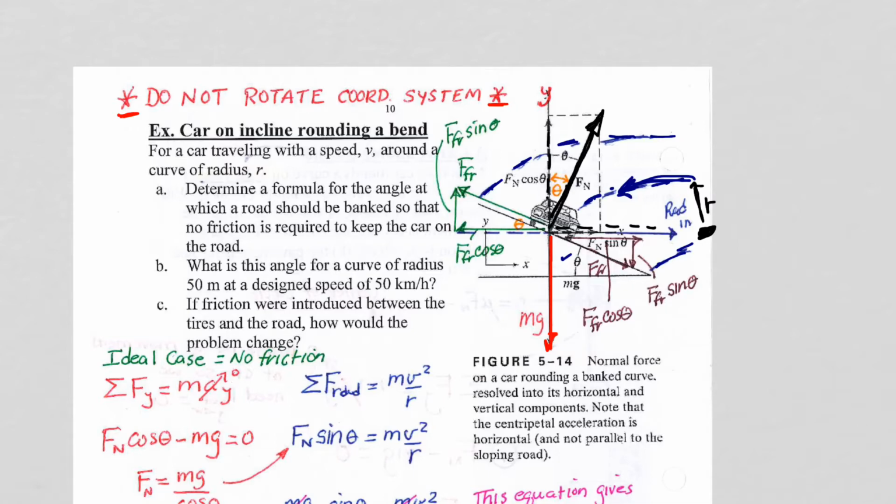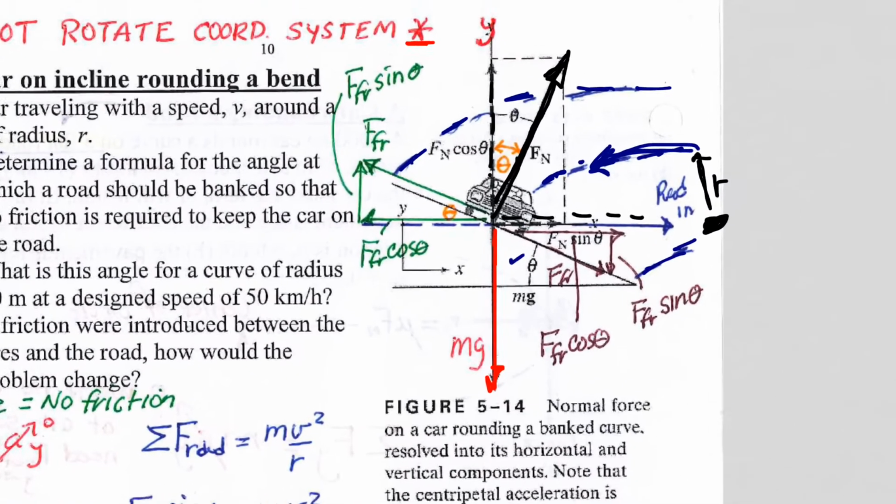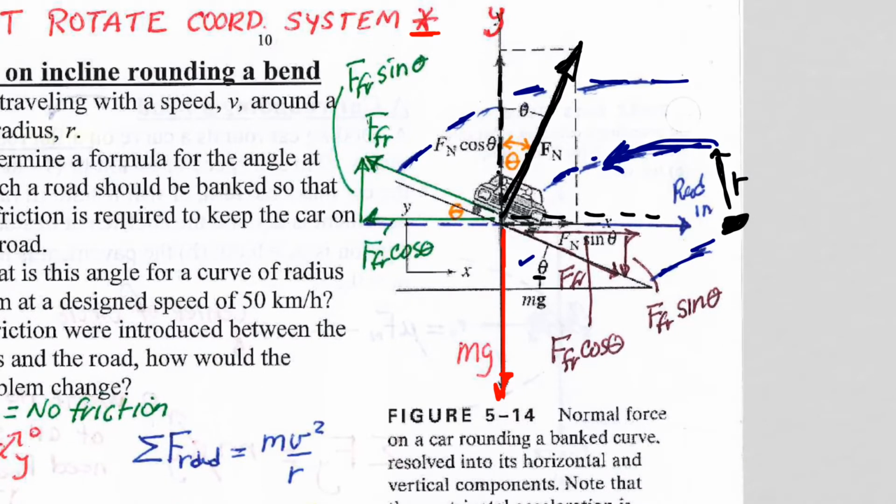And let's take a look at our angles. So take a moment and convince yourself that the angle theta down here and the angle theta between the y-axis and the force normal is actually the same angle theta.